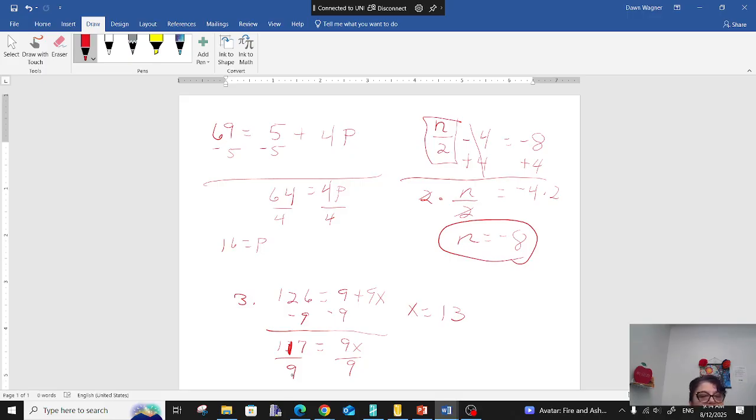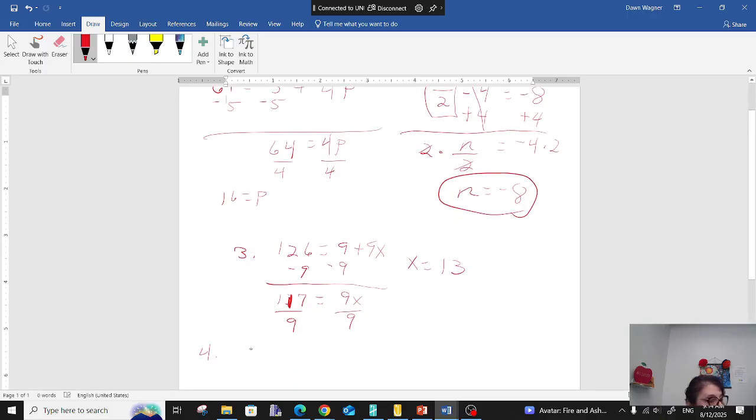Did you not get 13? You subtract 9. 126 minus 9 is 117. And then you had to divide by 9. So put 117 in your calculator and divide by 9. You get 13. Okay.